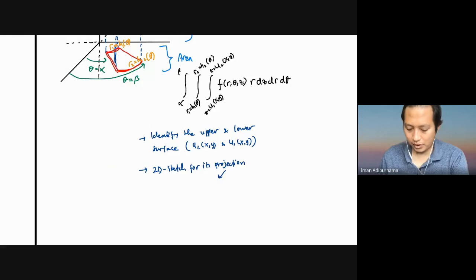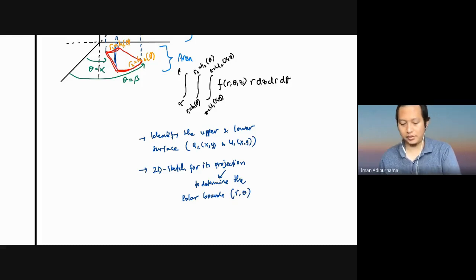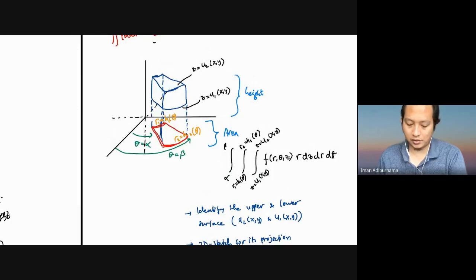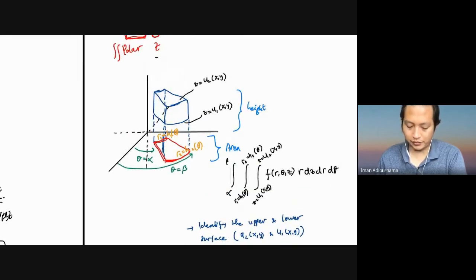This is to determine the double integral, to determine the polar bounds r and theta. Sometimes, if it is quite simple, you can also draw the 3D graph. But if not, then at least try to make the 2-dimensional sketch for the graph.